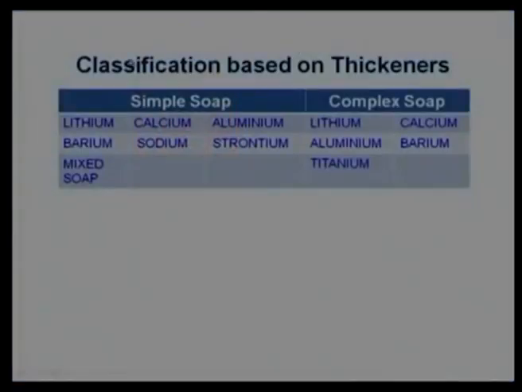However, lithium grease is now gaining more popularity because of its structure and high temperature stability. Even lithium can be used as a complex grease. So, lithium grease is more known, more popular from the temperature stability point of view or operating temperature point of view.